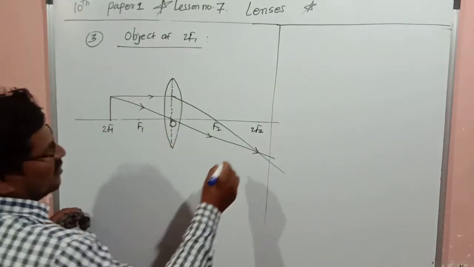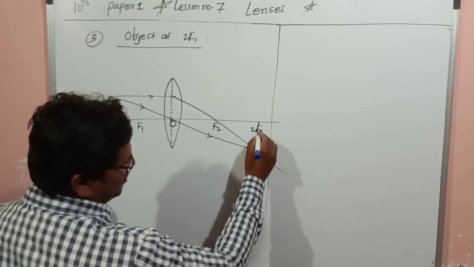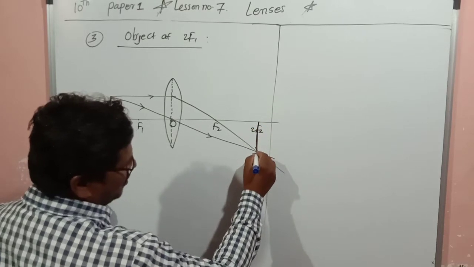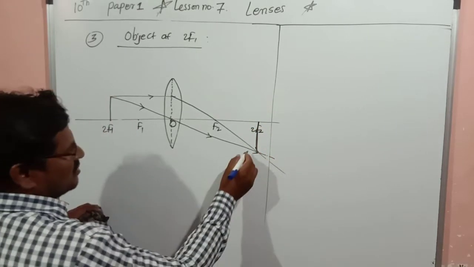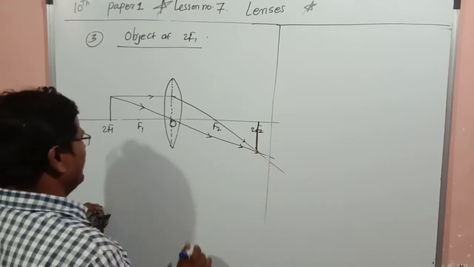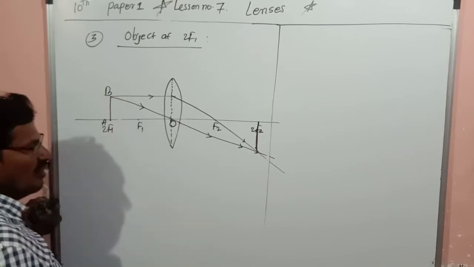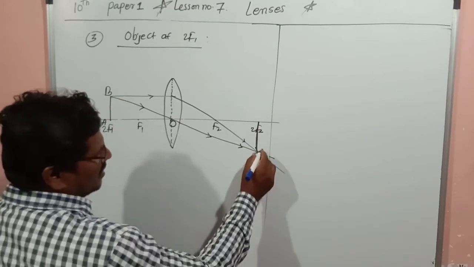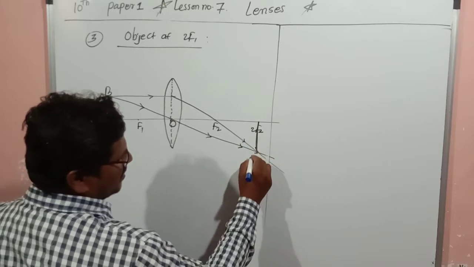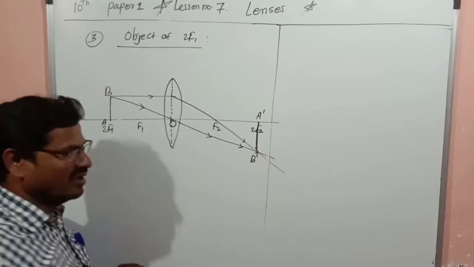In this way they will meet just below 2f2, at 2f2, and where these two light rays meet at a single point, the image will be formed. Suppose AB is the object, and here A dash and B dash will be the image.